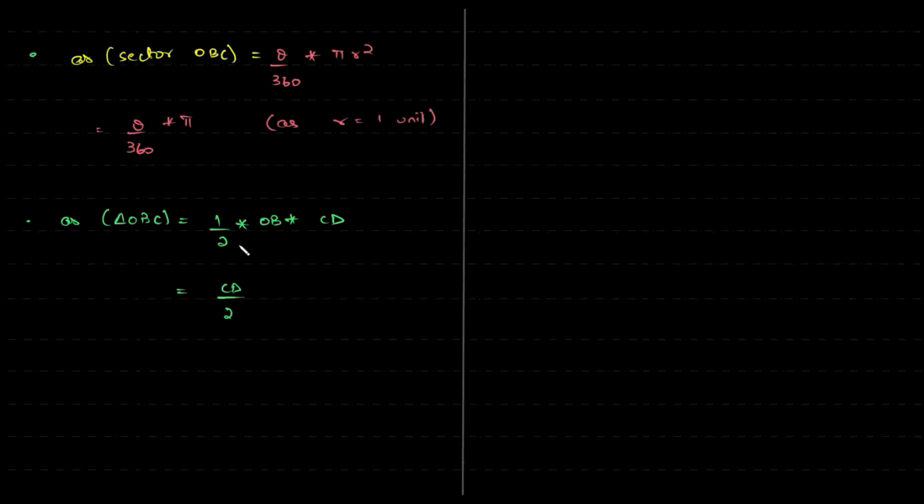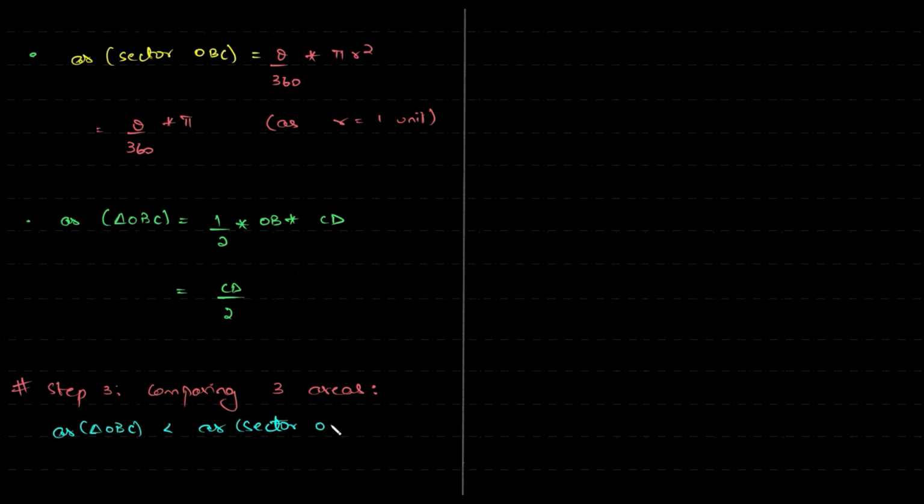Now step 3 would be comparing the 3 areas. Clearly, which is bigger or which is smaller? We'll start off with the smaller one. Area of triangle OBC has to be smaller than area of the sector OBC.